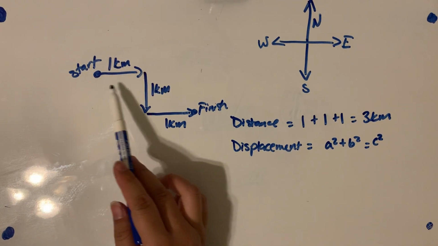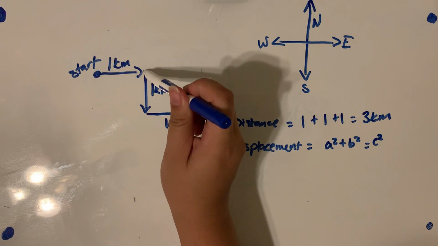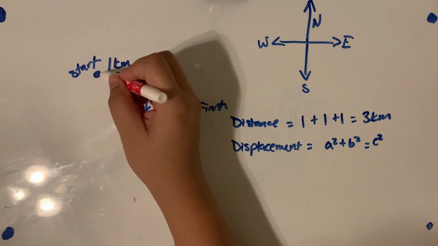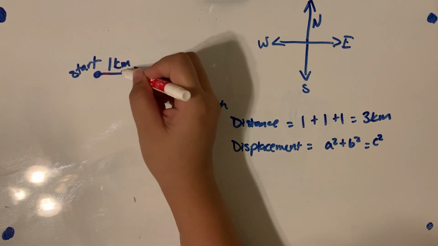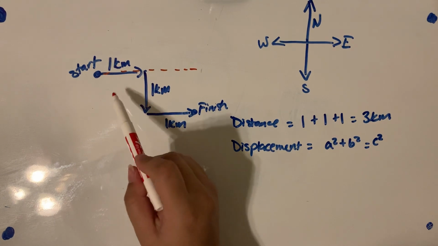So if you notice, both of these vectors, they went east, right? So here, let me use a different color so y'all can see it. All right. So here's my start. So guess what?